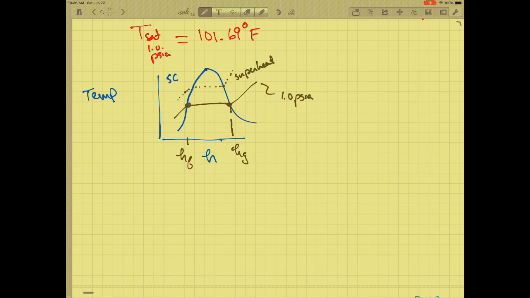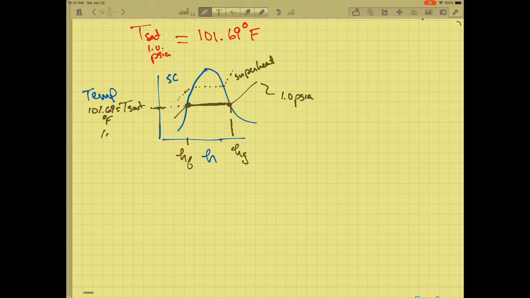When the water or the steam or the mixture is at this point on the isotherm, and this of course would be saturation temperature, and that's 101.69 degrees Fahrenheit, we're saturated. When water's at this point at the HF, it is now saturated liquid, ready to start turning into steam.